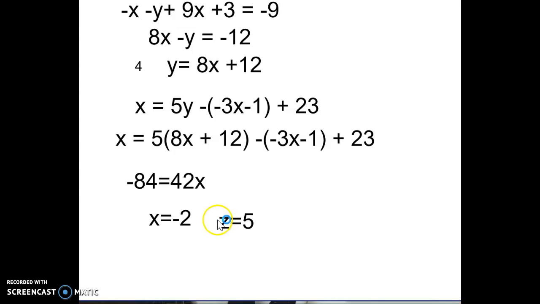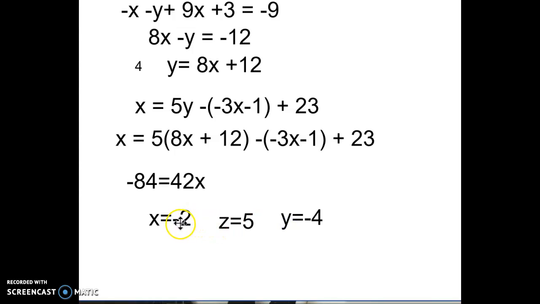Now I can choose at this point to substitute both the z equals 5 and the x equals negative 2 into one of the original equations, or I can take x and substitute it into equation 4 here. If I take 8 times negative 2, I get negative 16 plus 12, and negative 16 plus 12 is negative 4.